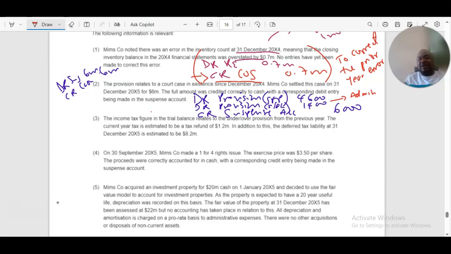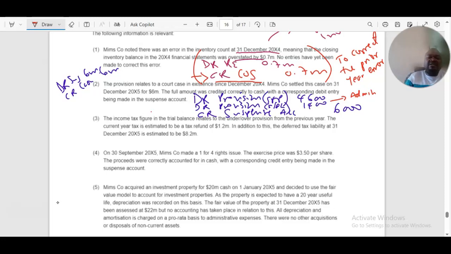In the mind of somebody who has been through the ACCA tutor, an expectation of a tax refund has deferred tax asset implications.